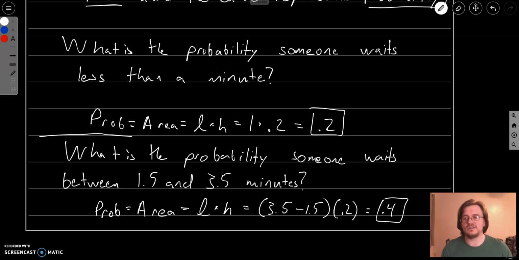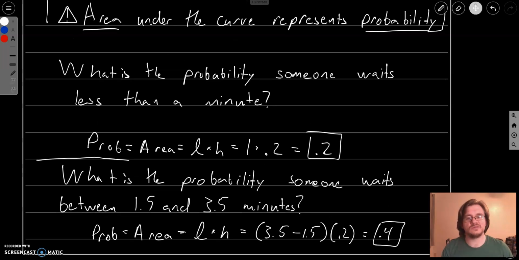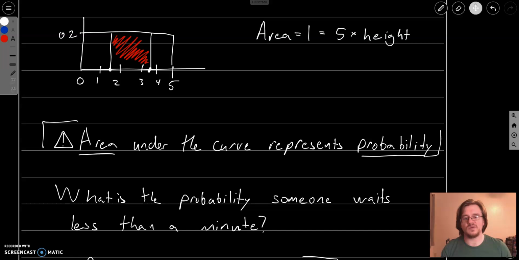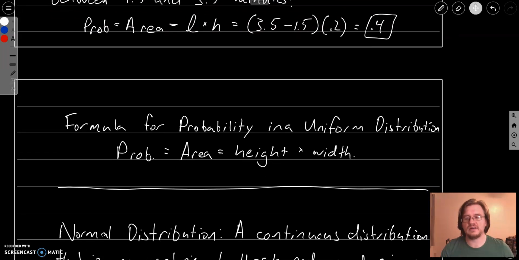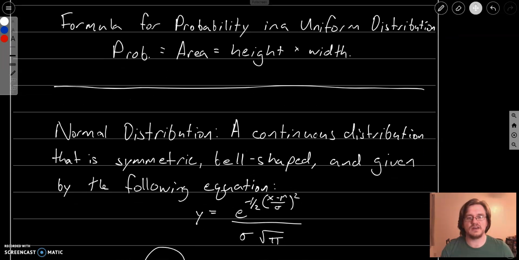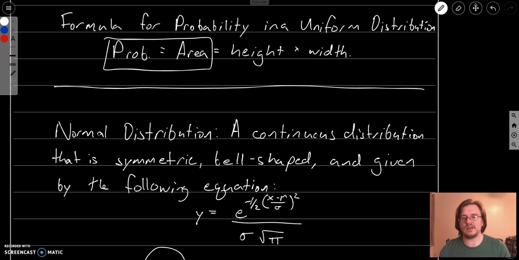So all uniform distributions are rectangles. And when we want to calculate probability, it's just calculating area, as here. This is going to be a theme throughout essentially the rest of the textbook: probability is going to be equal to area.